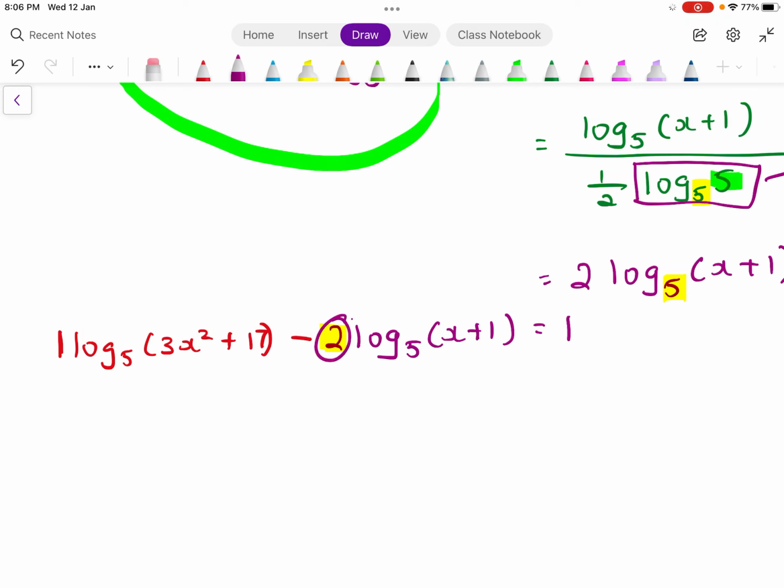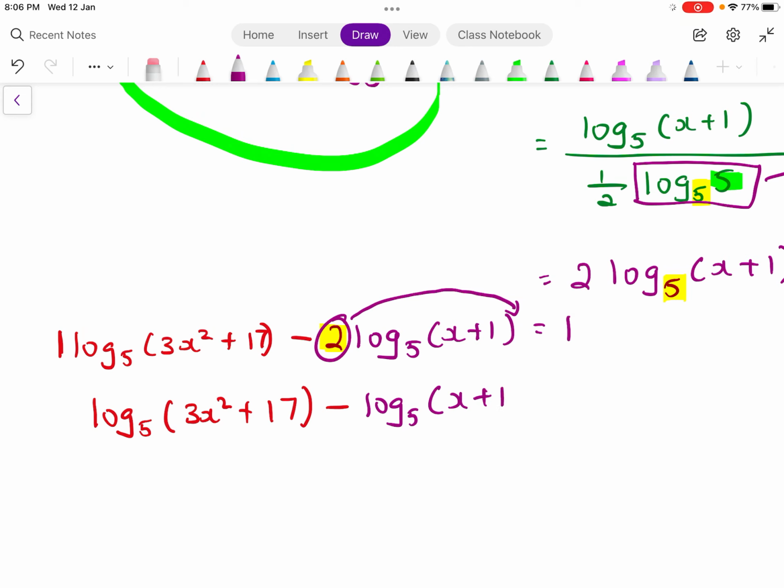The 2 here can be put on top as the power. So now I've gotten rid of the 2 already. So now it becomes log base 5 of (3x squared plus 17) minus log base 5 of (x plus 1).